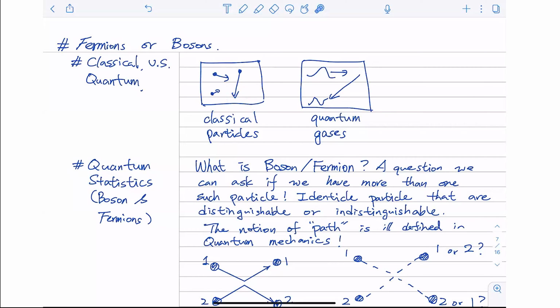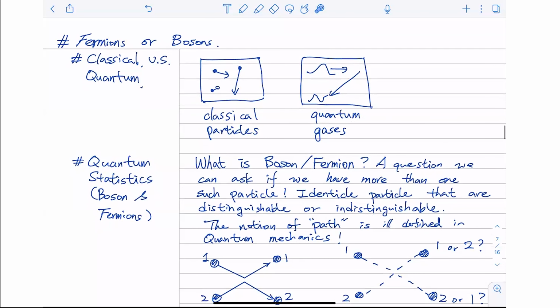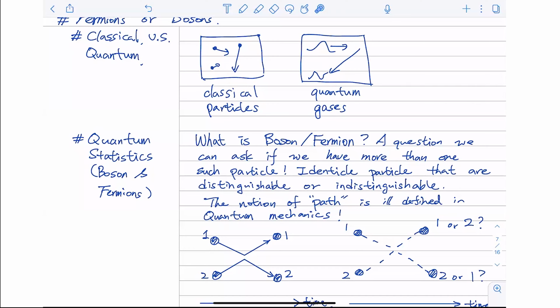Now, if we consider a quantum particle, instead of being described by a point, it should be described by some kind of wave packet. It could have some oscillations like this one, or it can be some kind of lump of wave function, and they could have some velocity moving in various different directions.